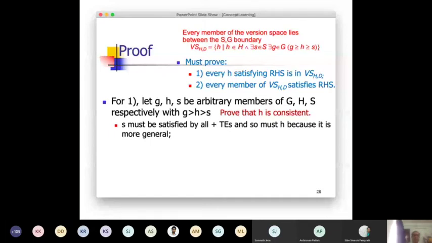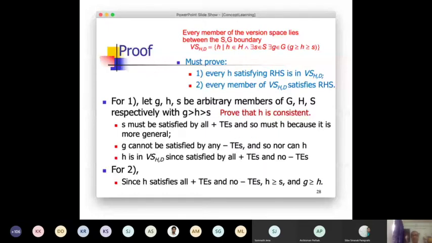That is the argument. And the second one is that since H satisfies all positive training examples and no negative training examples, H has to be more general than S, whereas G has to be more general than H, right?